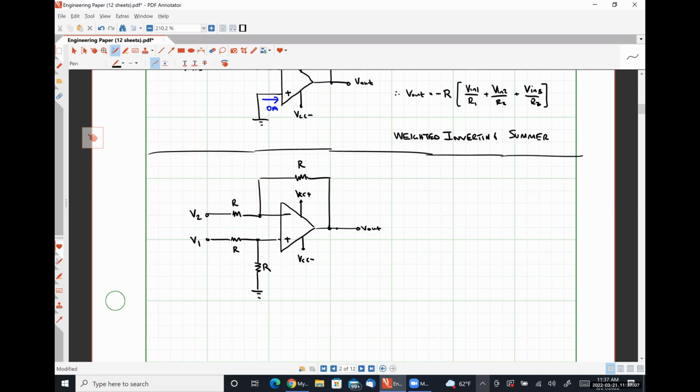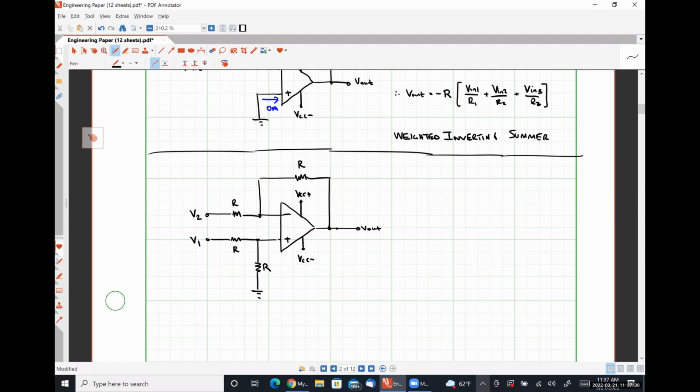Okay. This circuit looks like a non-inverting amplifier and an inverting amplifier at the same time. And so what I mean by that is, generally speaking, V2 sees an inverting amplifier, right?